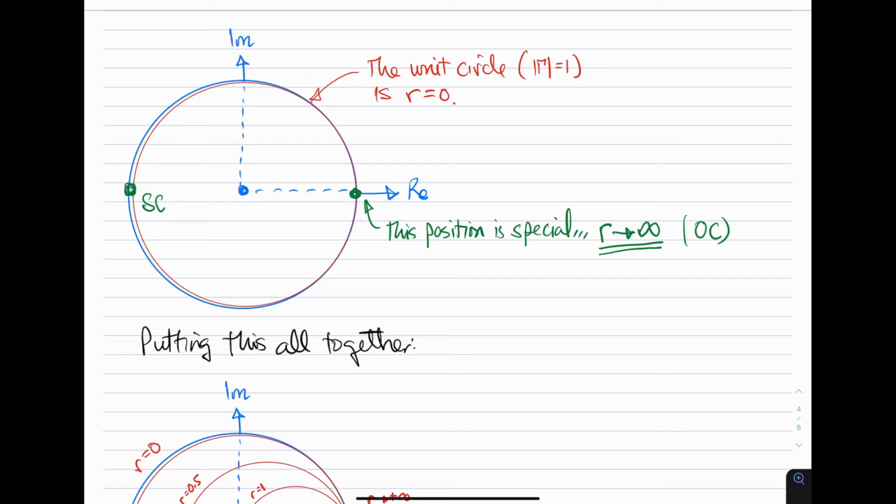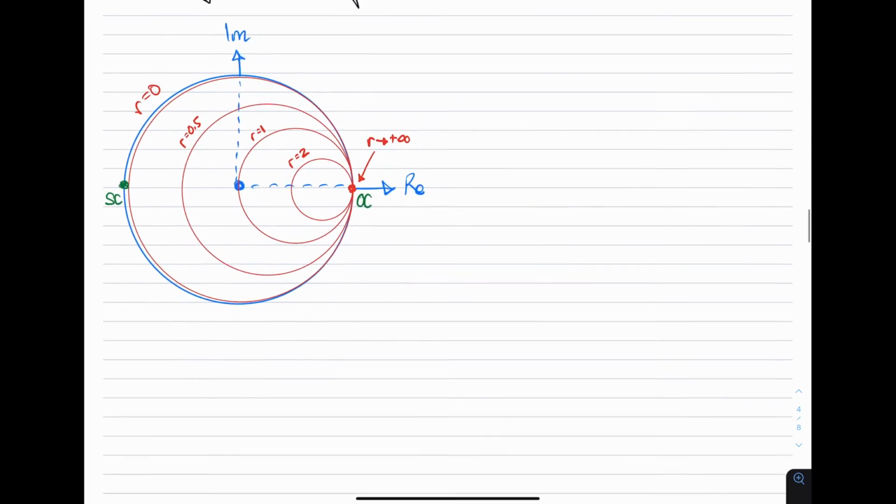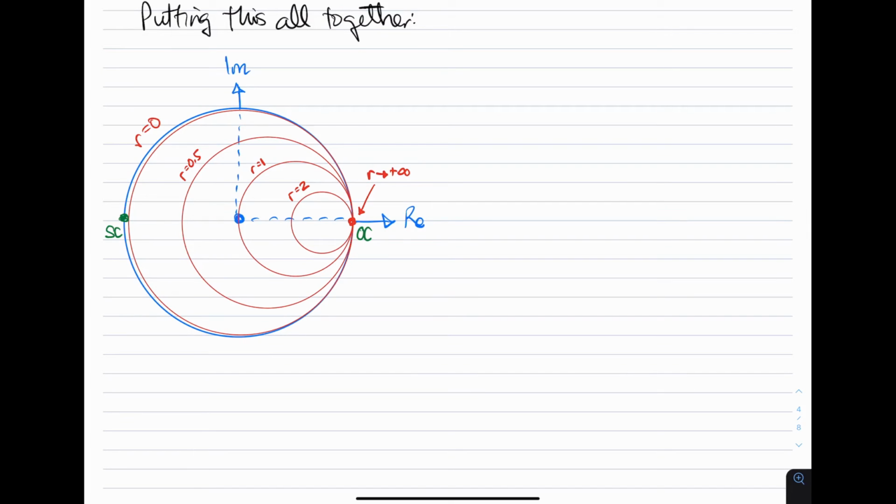Now, there's one more case we can consider just in terms of the normalized resistance, and that's the case where little r equals 0, the left side of that arc being the short circuit position. So if we put this all together, we get this diagram. We see that different values of normalized resistance correspond to different circles.